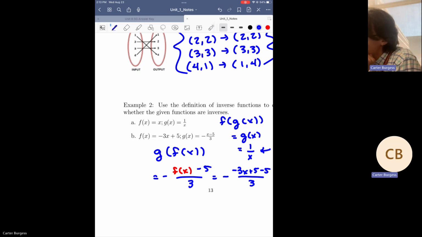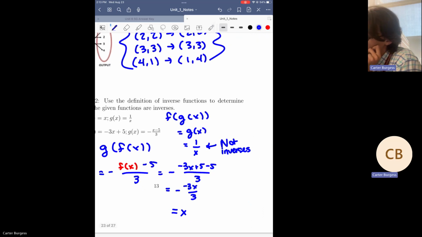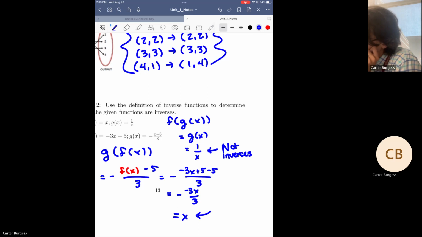My 5's in my numerator cancel. My 3 and my 3 are going to cancel, and my negative and my negative are going to cancel. And what am I going to end up with? Just x. And so what can I say about my functions f and g? That these are inverses.